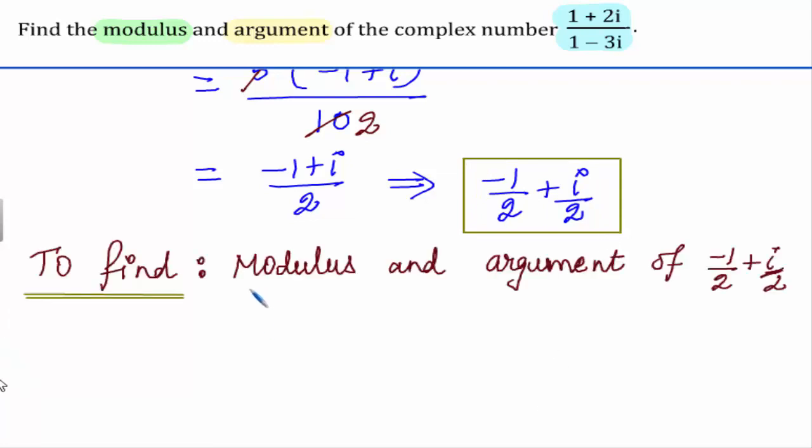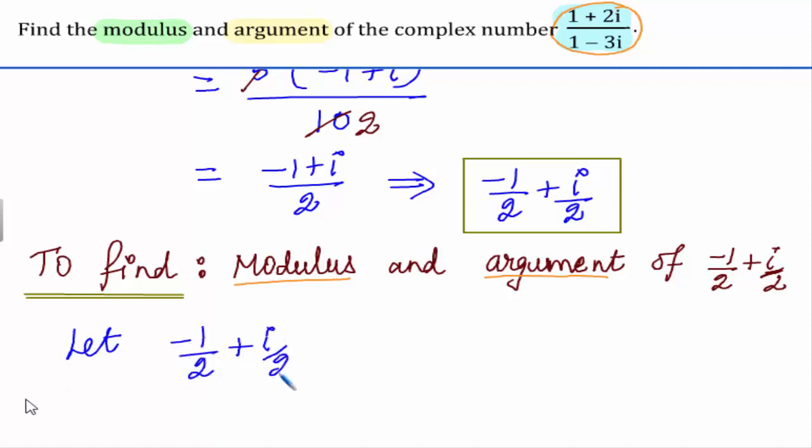Next, we are going to find the modulus and argument of minus 1 upon 2 plus i upon 2. The modulus and argument of minus 1 upon 2 plus i upon 2 is the modulus and argument of the given complex number. Let the polar form of minus 1 upon 2 plus i upon 2 be r into cos theta plus i sin theta.